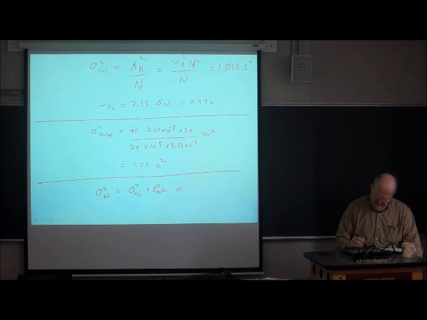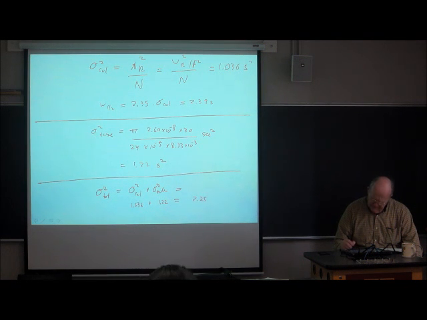So this is 1.036 plus 1.22. It gives me a total of 2.25 seconds squared, or thereabouts.